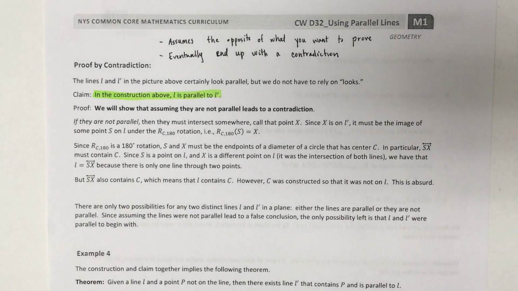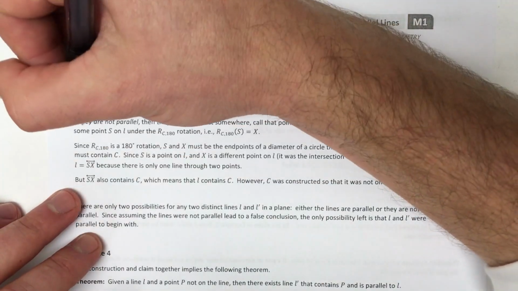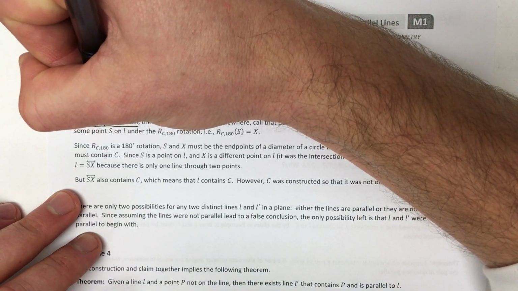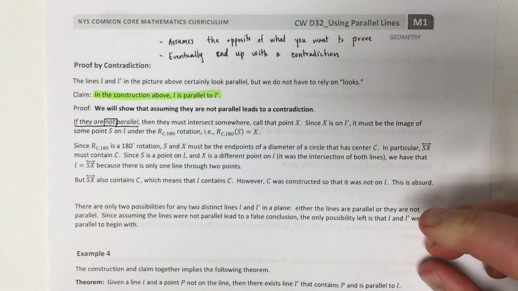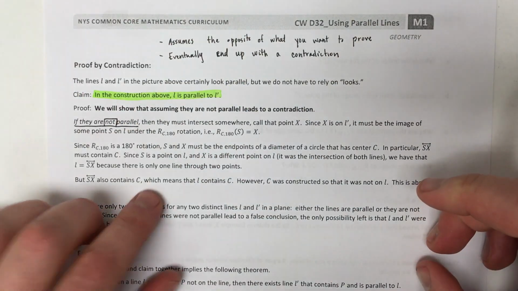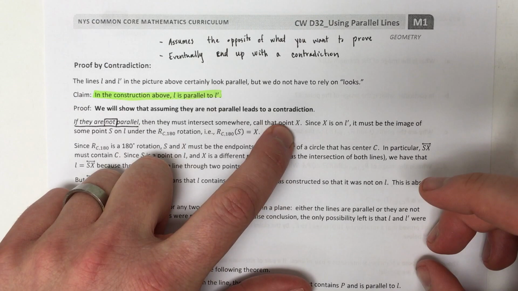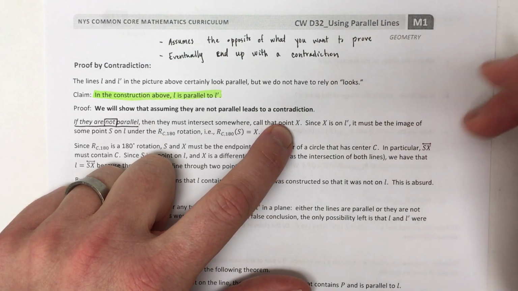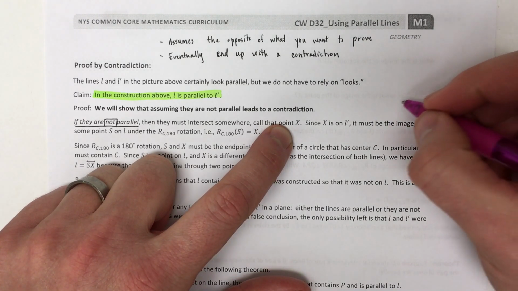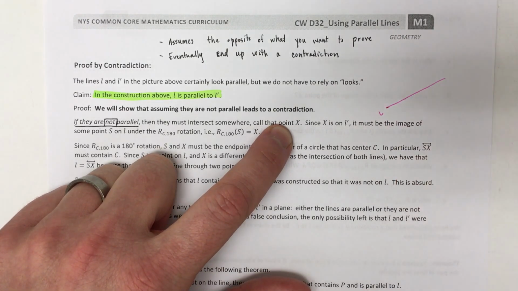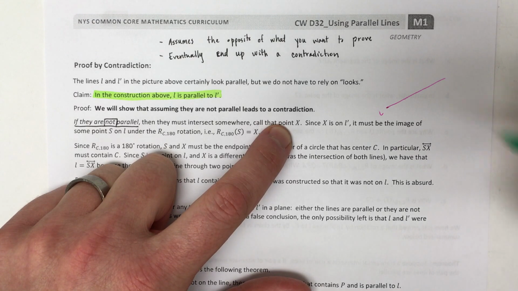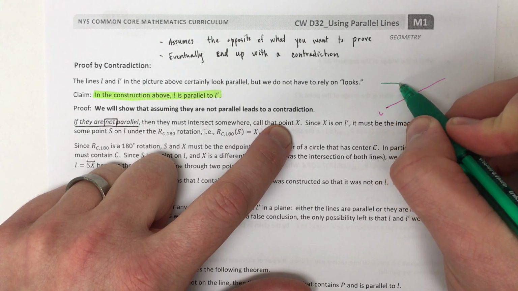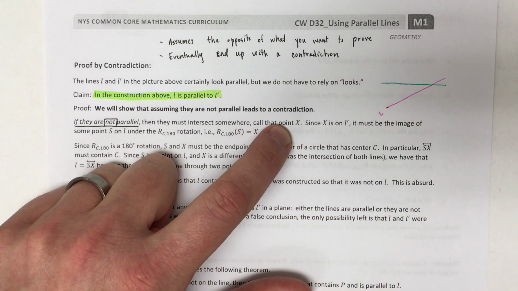Okay, and so if I'm looking at this first line, they say if they are not parallel, and they're talking about lines L and L prime, then they must intersect somewhere. Call it point X. And so I'm just going to use this space to draw a little bit of an image, but essentially what they're saying is you start with line L, you rotate it around a point, and the question is, are they parallel?